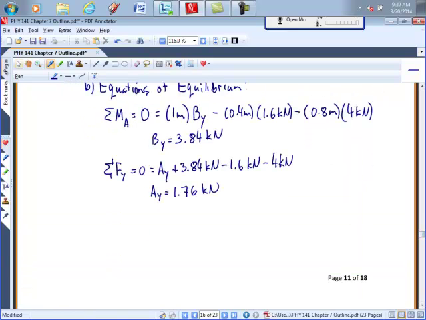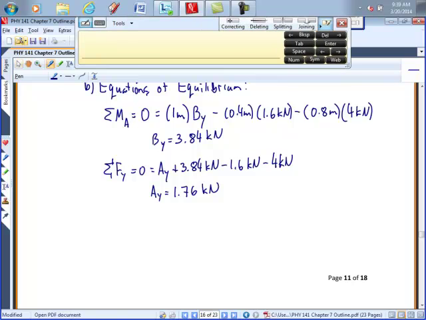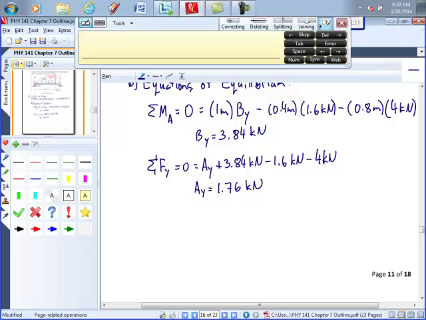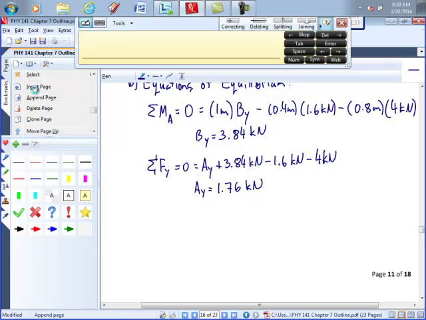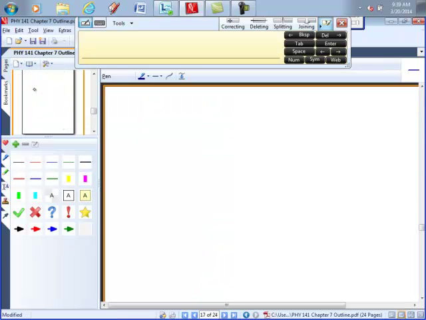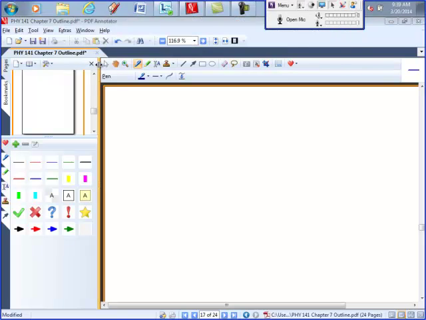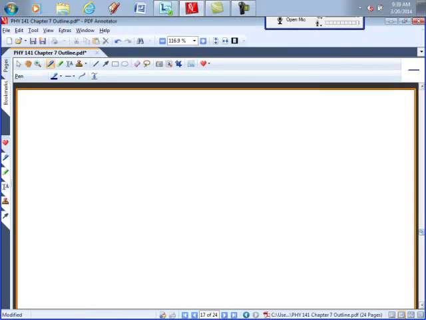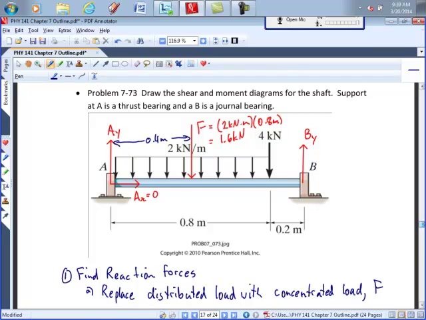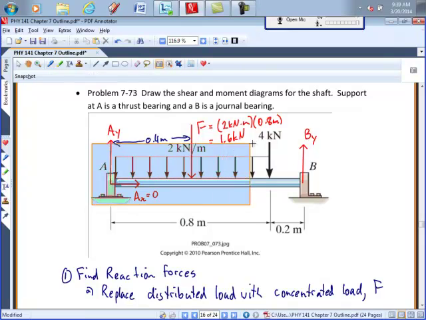We need a new page. A copy of the beam. I should have taken a picture of this before I marked it all up.